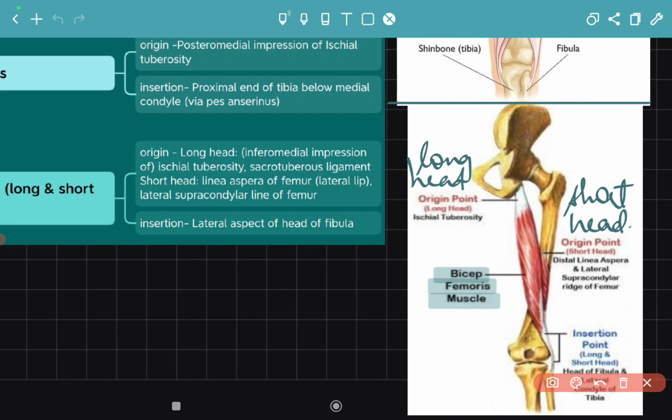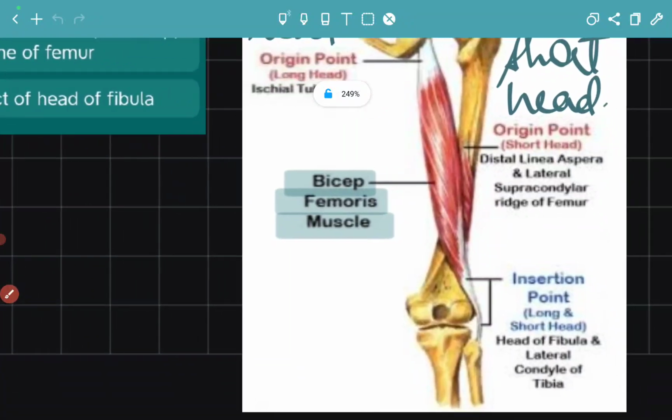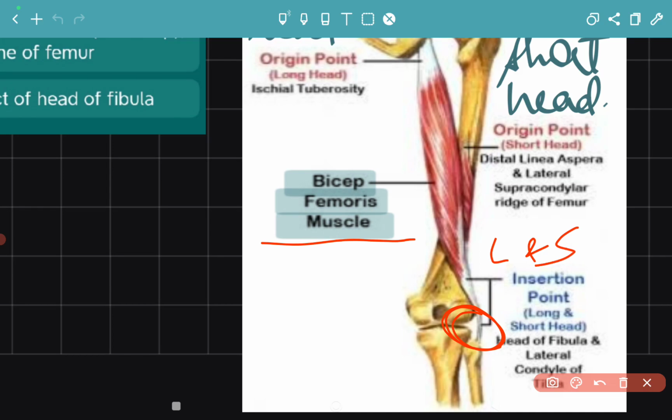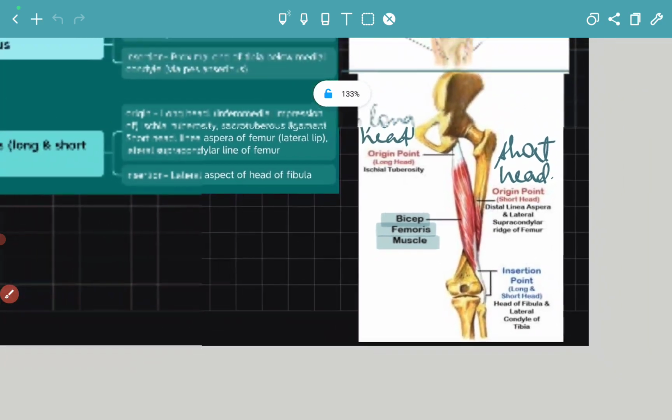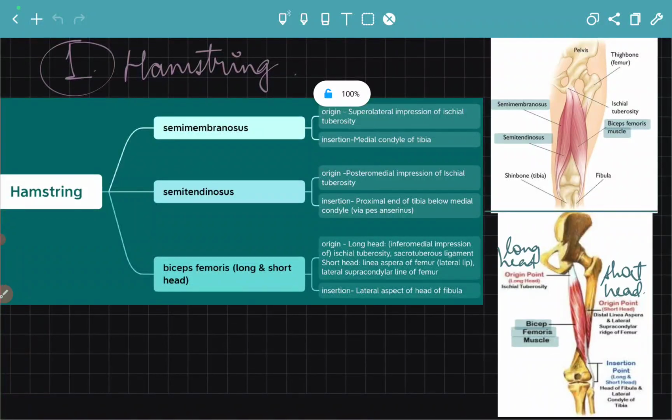And also the lateral condyle of tibia as seen over here. So the insertion can be appreciated, the common insertion of biceps femoris, long as well as short head. This was about hamstring group of muscle.